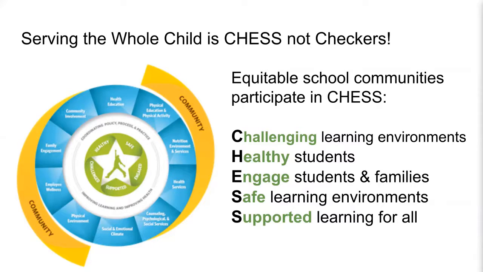Strategies to educate the whole child require a shift in thinking that all students deserve a high-quality education that meets their personal needs and prepares them for life beyond the classroom. A strategic approach is more like chess and less like checkers.